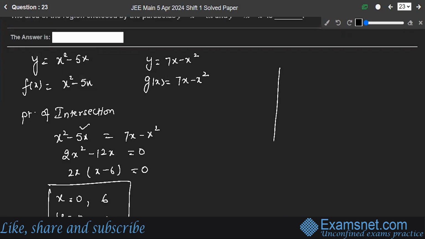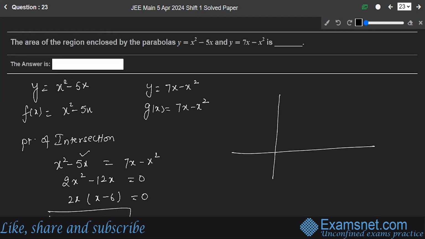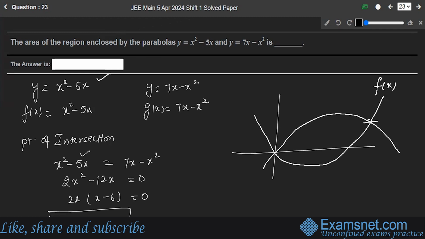Let's plot the graph. So here is your gx, because both of them are passing through the origin. Okay, so this is not the exact one. Anyways, this is your fx function, and this one is your gx. And this is the point of intersection 6, 6.